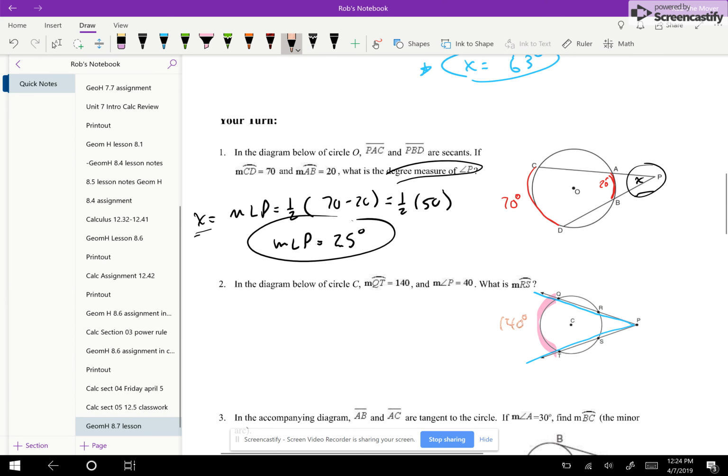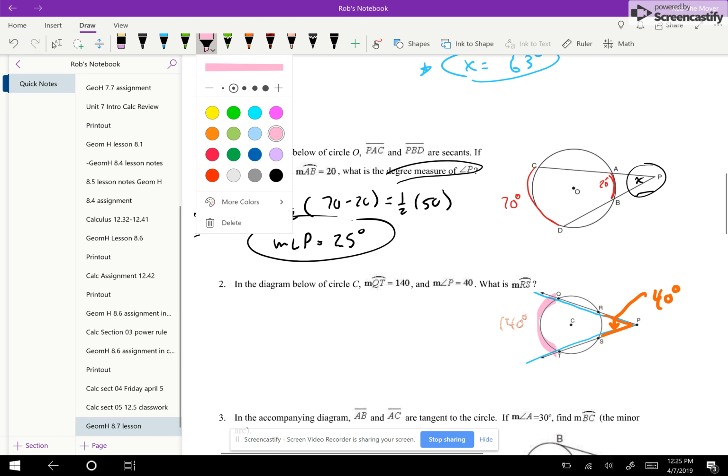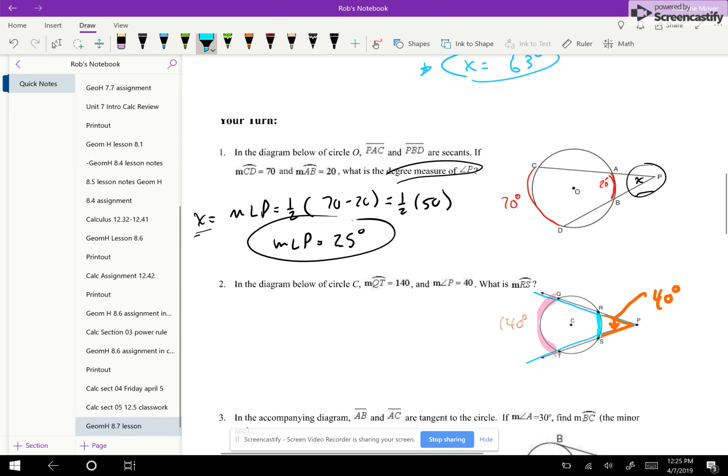And then we're given the measure of angle P. So this time we're given the measure of the angle itself. The angle in there is 40 degrees. And we're probably going to be looking for an arc. Yeah, we're looking for arc RS, which is this arc in here.